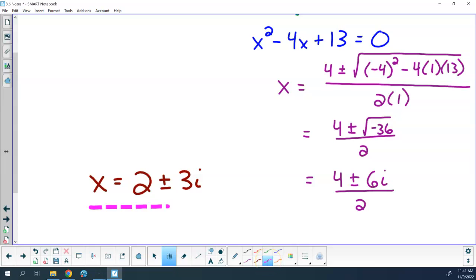So my result, my answer, my solutions, my roots, my zeros are 2 plus 3i and 2 minus 3i. And I needed to get 2 of them because it was a square. Okay?